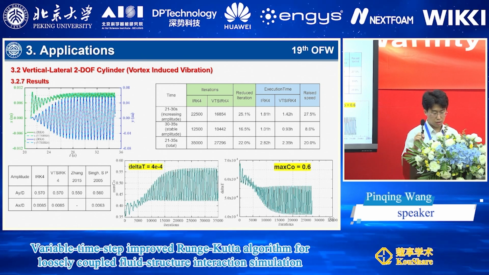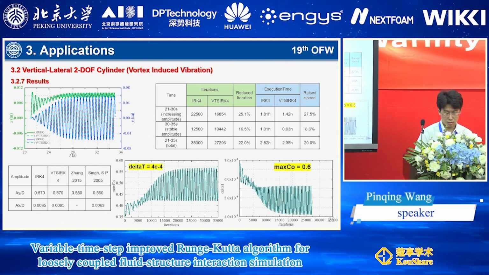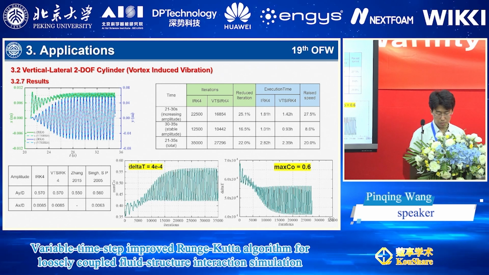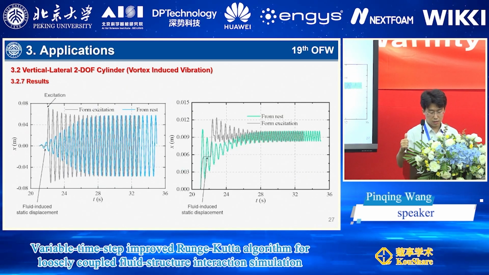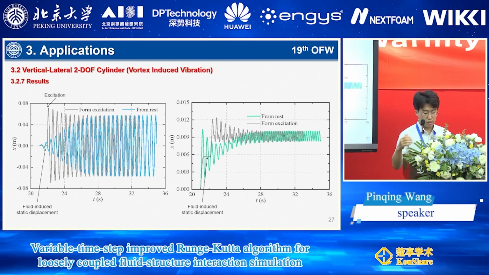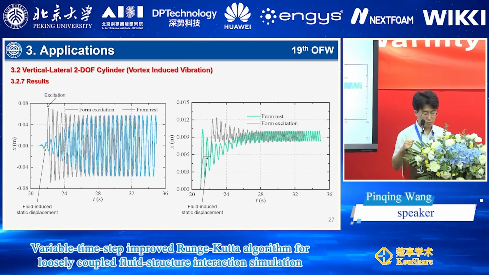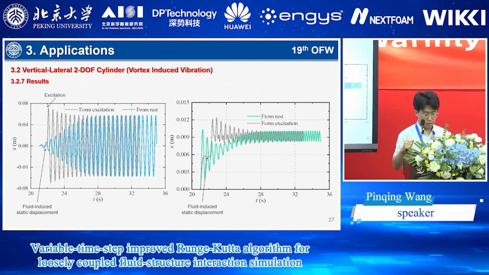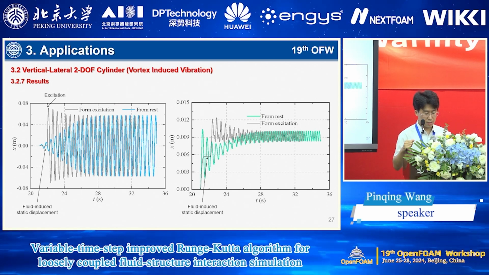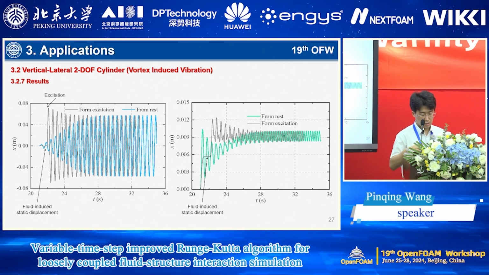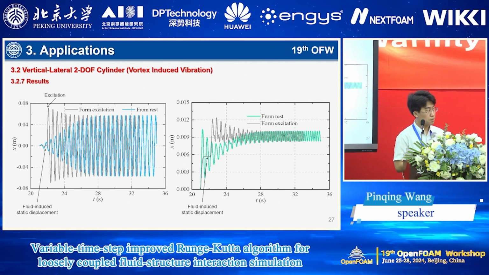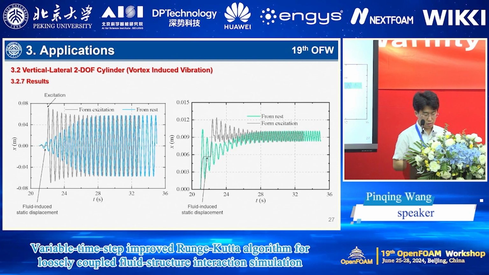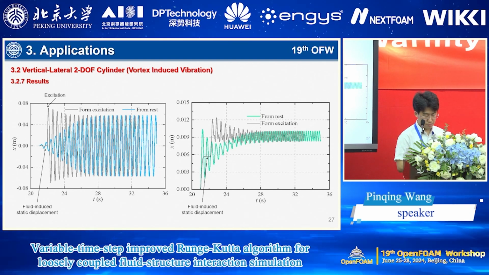It can reduce the iterations by about 25%. This slide shows more clearly the usefulness of the multi-stage vibration solver. This figure indicates that the cylinder under this flow velocity has only one stable limit cycle oscillation amplitude.